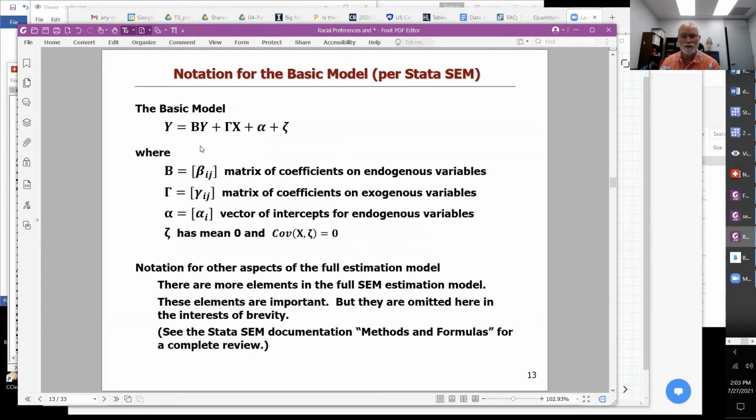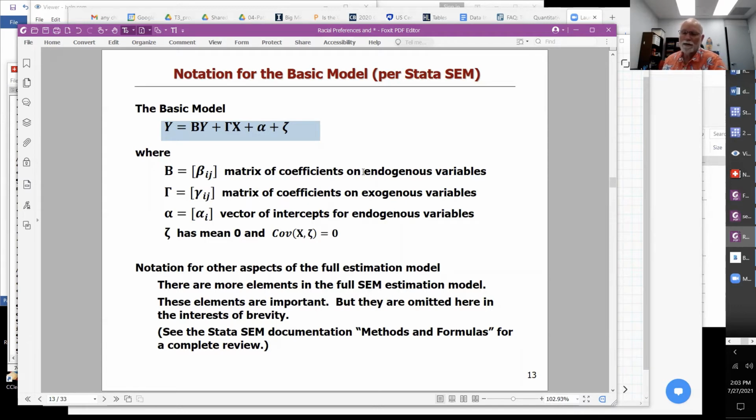And that gets us to the basic structural equation. This is a matrix notation where the capital B matrix is a matrix of coefficients that capture effects on latent endogenous variables.